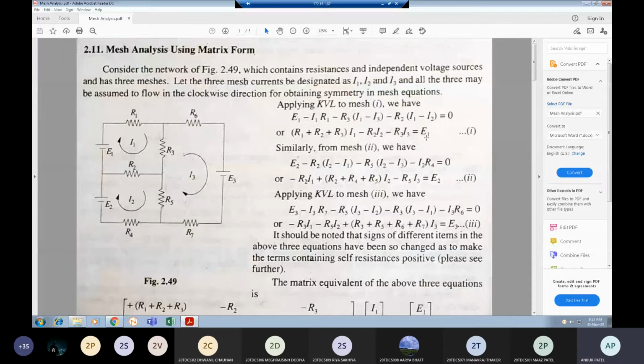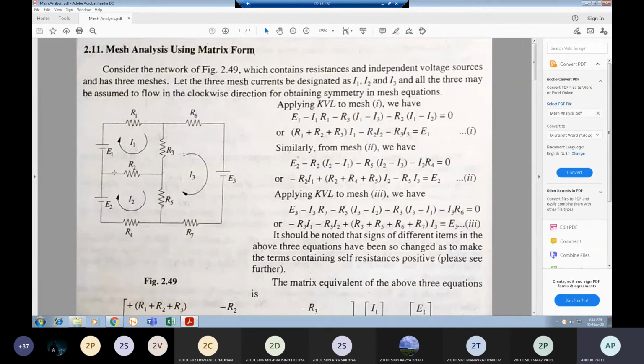Yes, sir. Okay. Similarly, for the second loop, I2, we have plus E2, negative to positive. Then through R2 we have two currents, I2 and I1. Now the equation is changed: going through R2, minus R2 in bracket I2 minus I1. When two currents are flowing through a resistor, for the particular loop current in bracket you need to take positive, and minus the other branch current.